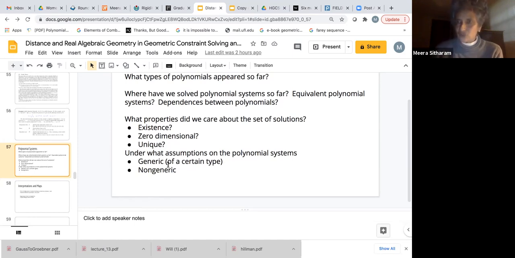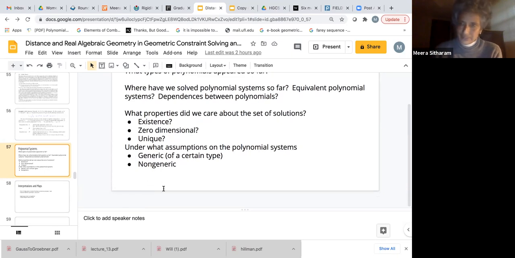In our examples so far, the coefficients are themselves just reals or rationals, so they are not the zeros of some other polynomial. That's what we mean by generic. And then you have non-generic questions, where you have a specific polynomial system and you want to know about the solutions, whether they exist, are zero-dimensional, unique, etc. So you could ask two types of questions: generic questions and non-generic questions, which are not necessarily under the genericity assumption.